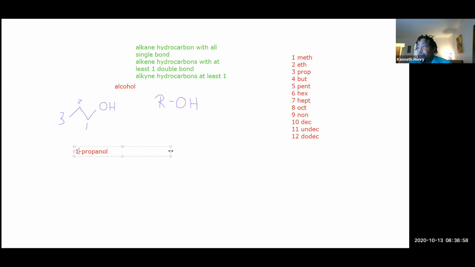Isopropanol is actually 2-propanol. And often we'll call it iso because you can look on both sides, you have a carbon on each side of that middle carbon. So this guy is called isopropanol.